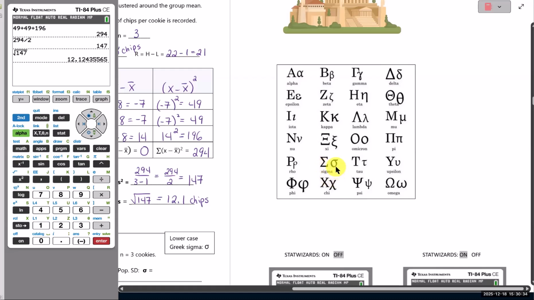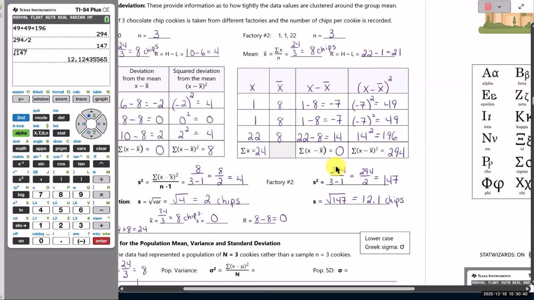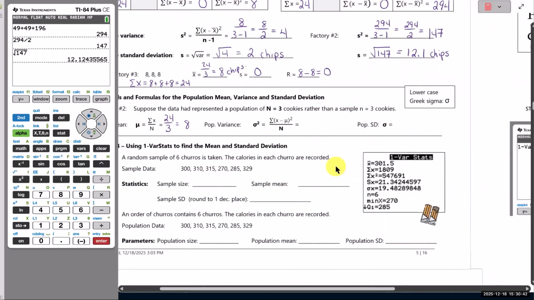And next to it right there is a lowercase Greek sigma. So lowercase sigma is the symbol for the population standard deviation. So standard deviation is just my abbreviation. That's not the actual symbol. It's going to be a sigma. And we'll be focusing on standard deviation, but we'll just do variance here first.